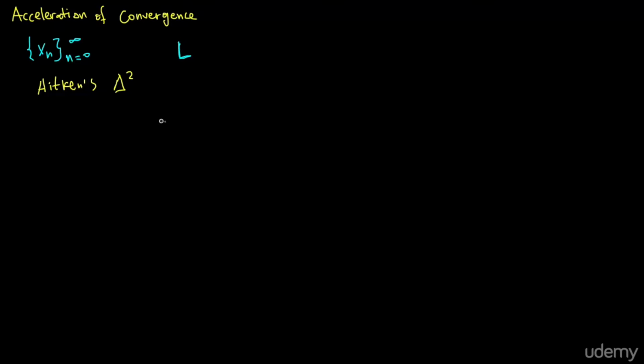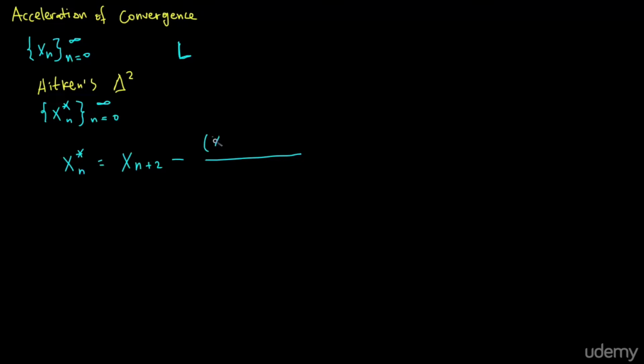Essentially, we formulate a new process that supposedly converges faster. So we're going to have a new sequence which is going to be x star n, with once again n going from 0 to infinity. And x star n here is defined as follows. We define it as x_{n+2} minus the following fraction.